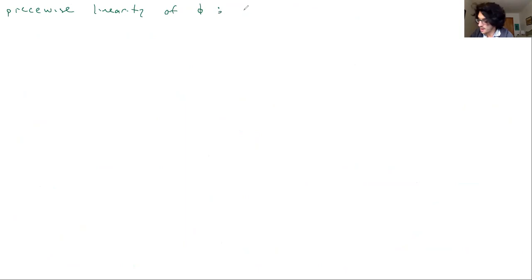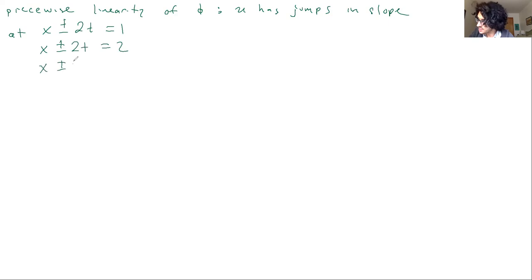And this means we have jumps in slope of u at x plus or minus 2t is equal to 1, x plus or minus 2t equals 2, x plus or minus 2t equals 3, okay?